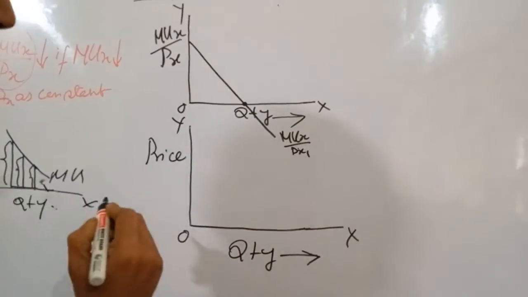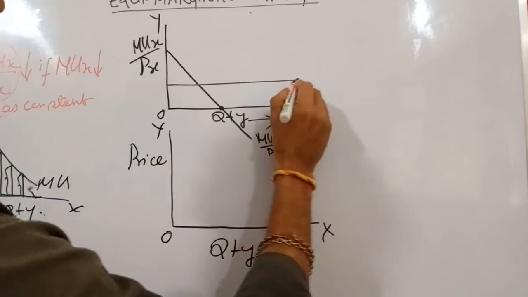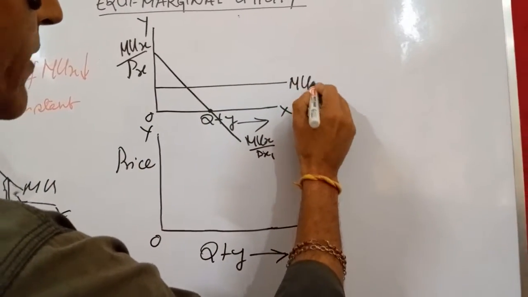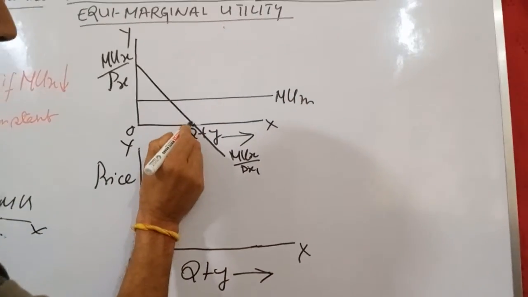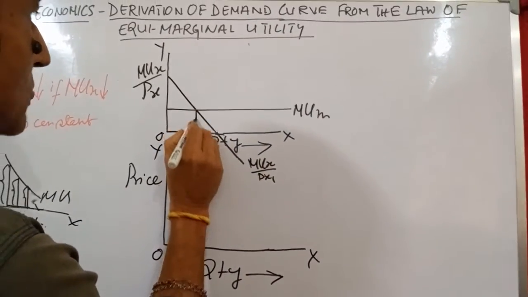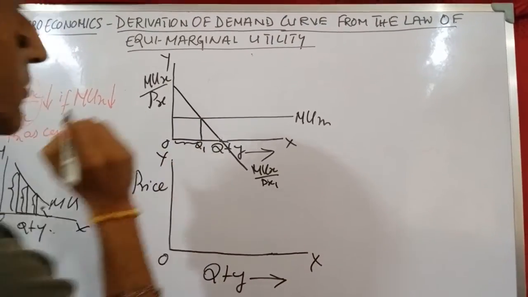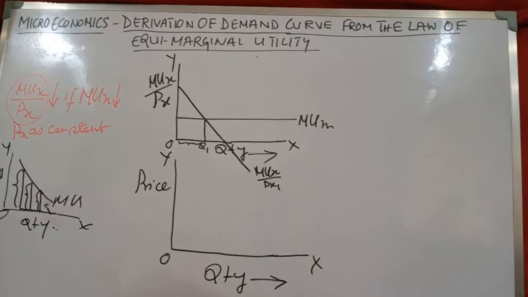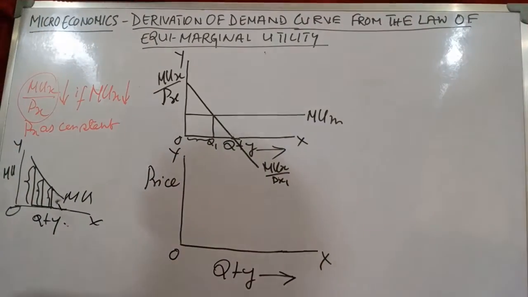The consumer is consuming. This is MUM. So the consumer is consuming OQ1 units of the commodity. Correct?